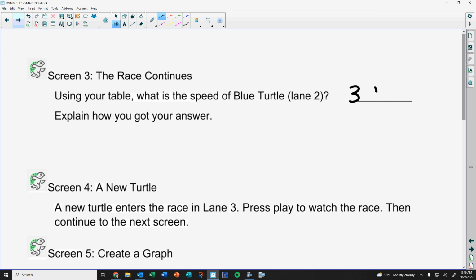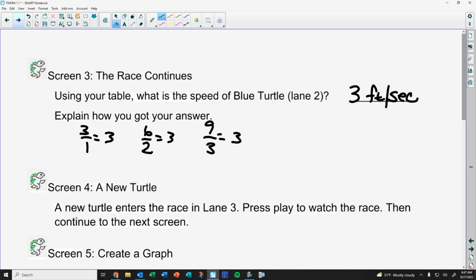Because at 1 second, he's at 3 feet. At 2 seconds, he's at 6 feet. At 3 seconds, he's at 9 feet. That's basically what the table was showing you. It was increasing 3 feet for every second. So that's hopefully how you explained your answer.